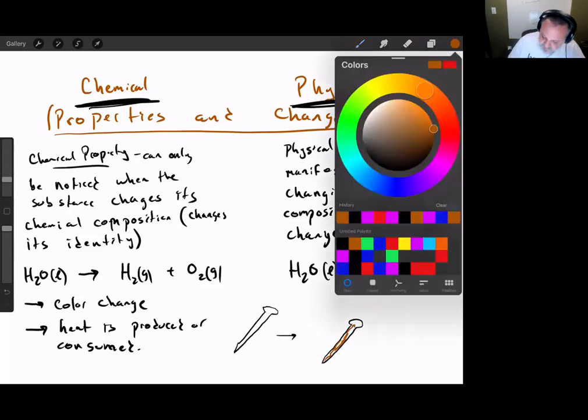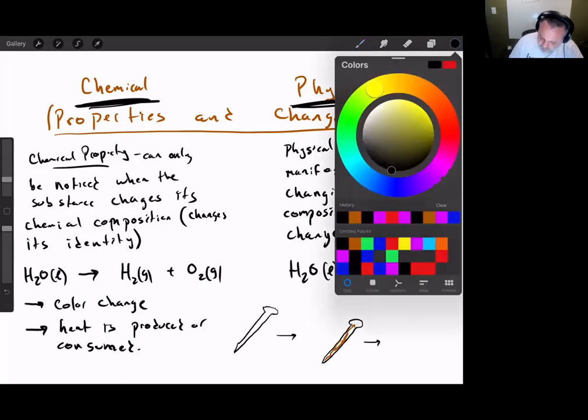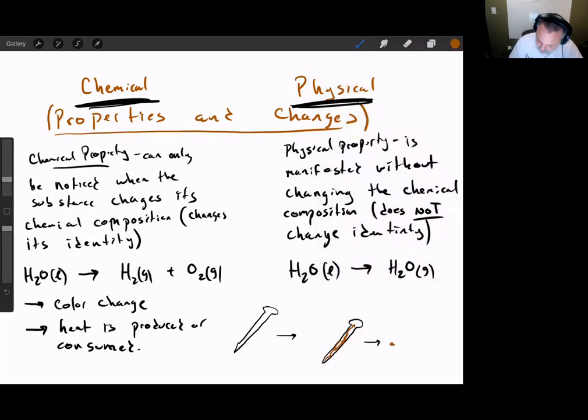What happens if I leave that nail outside and let it continue to rust? It just ends up being a pile of rust, right? This is an example of a chemical change.